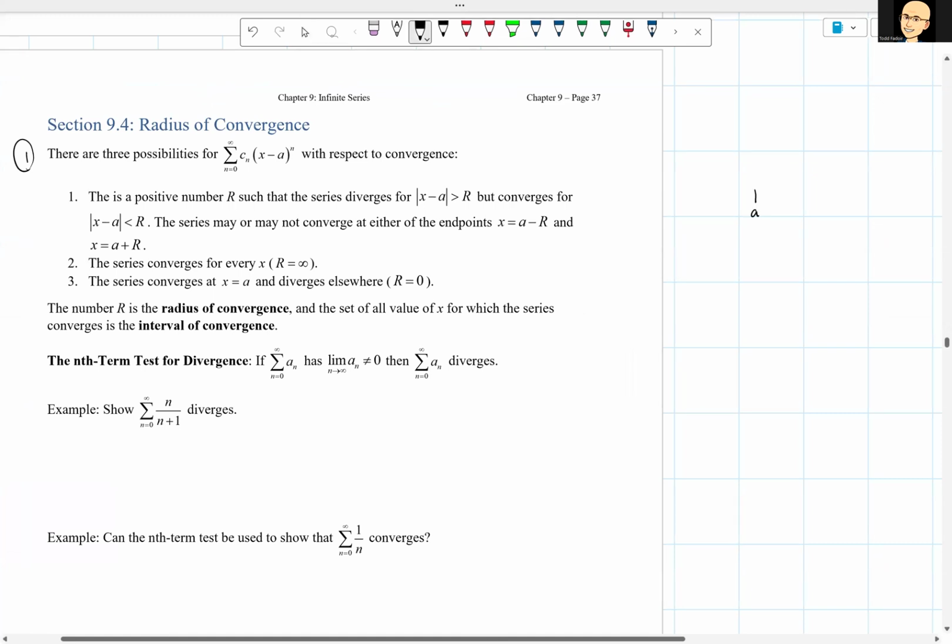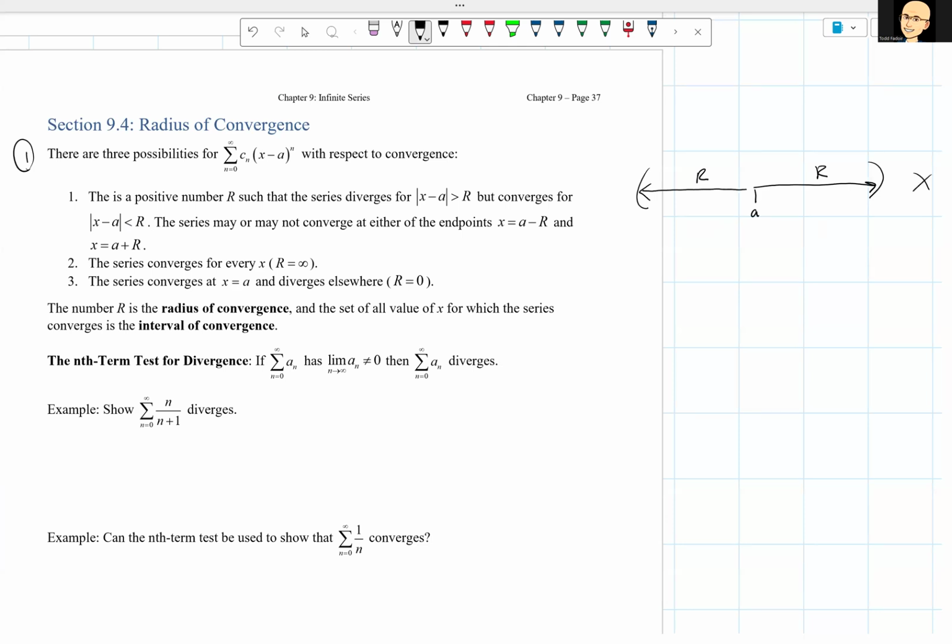If we go from the center up r and from the center down r, we create a rough interval, and that's where the convergence is. If it's not convergent out here, then it's not convergent on the other side. There's an equal amount, which is one of the reasons why we call a the center of the power series.